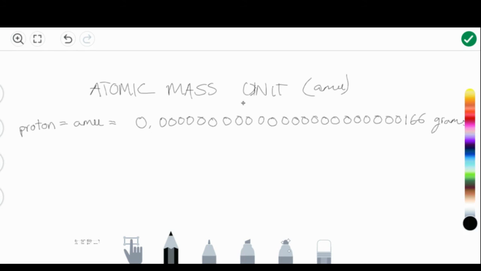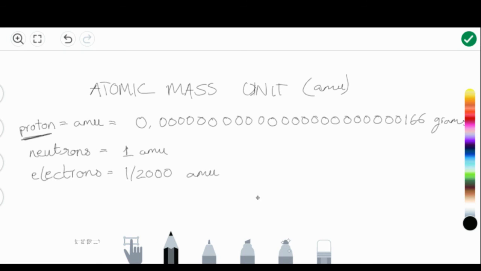So we use the atomic mass unit, and that's equal to again one proton. And neutrons are also equal to 1 AMU, so 1 AMU. But electrons are equal to way less. They're equal to 1/2000th of an atomic mass unit.